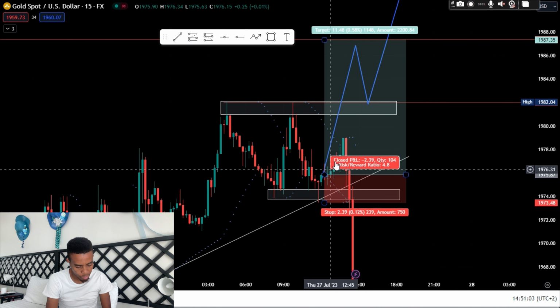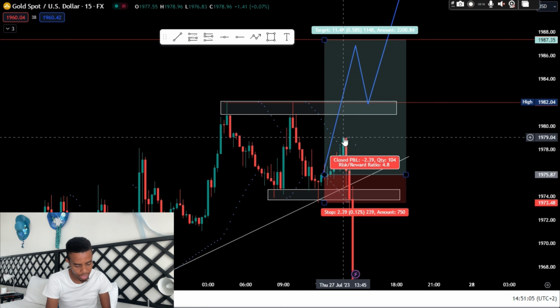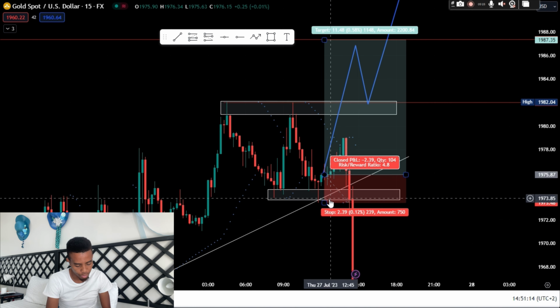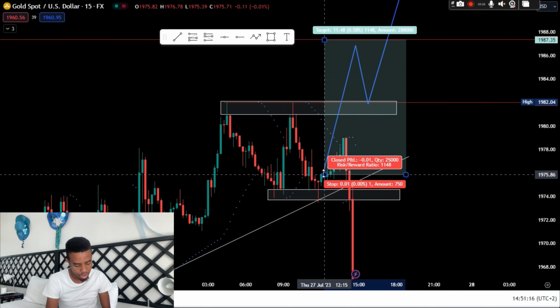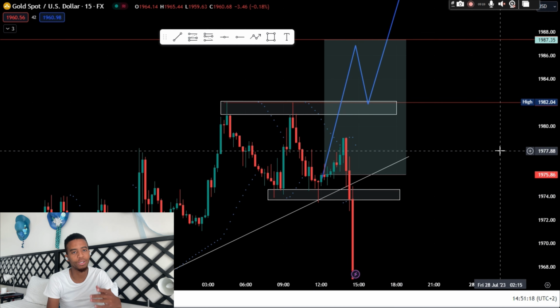As you can see, it went into profits as soon as it closed up to this area here, and now it was going towards the New York session opening. I immediately moved my stop loss to here because I know what the market does.